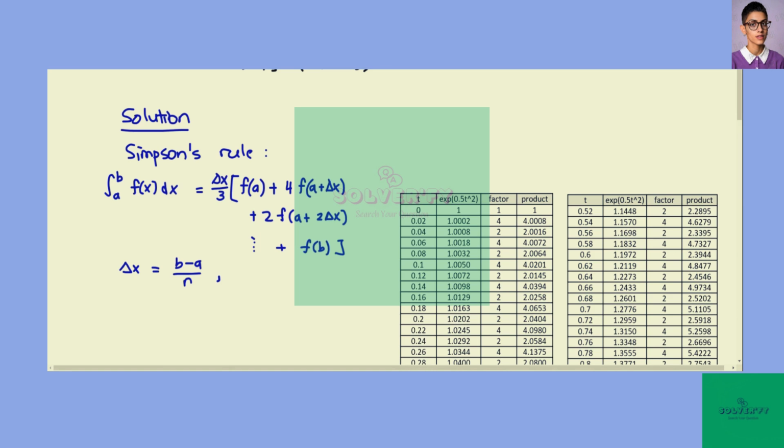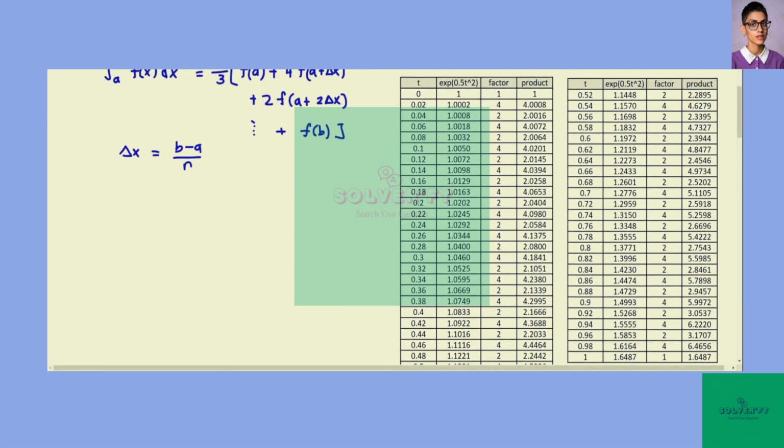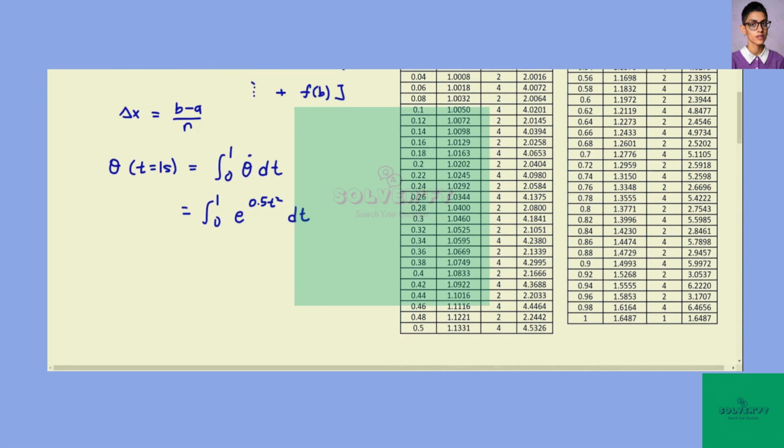In our case, the angle theta at t equals 1 second is the integral from 0 to 1 of theta dot dt, which is the integral from 0 to 1 of e to the 0.5 t square dt. Our n is 50, so our delta t is 1 over 50, which is 0.02.